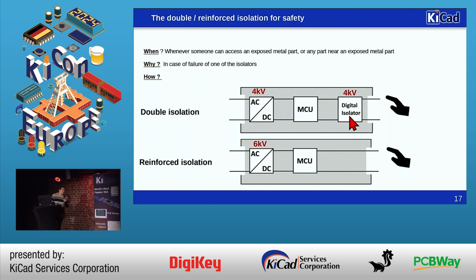Or I can do it another way, which is called a reinforced isolation, which is 6 kilovolt, because the joke is, for the standard, 4 plus 4 equals 6. It's basically getting one overvoltage category higher, or getting 60% more overvoltage. In this case, we went with the higher overvoltage category.